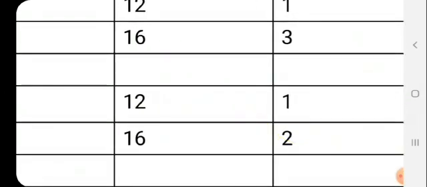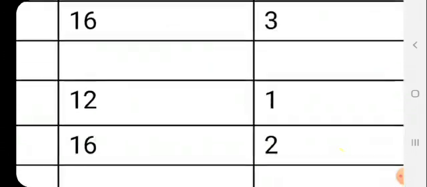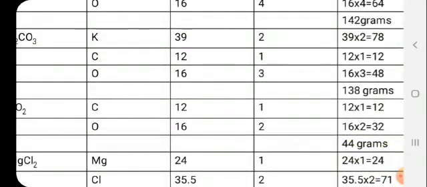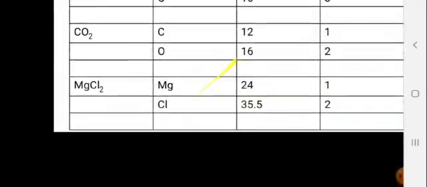So atomic mass is multiplied by number of atoms. 12 is multiplied by 1 and 16 is multiplied by 2. So 12 multiplied by 1 is 12 and 16 multiplied by 2 is 32. And if we add atomic masses together of both carbon and oxygen, we will get 44 grams or 44 Dalton as the molecular mass of carbon dioxide.